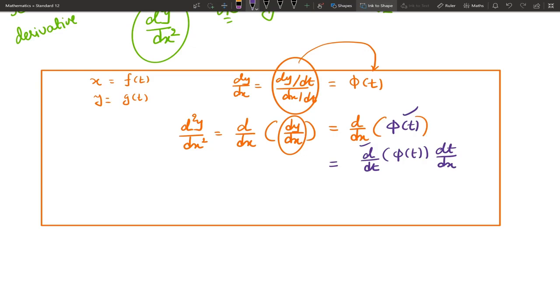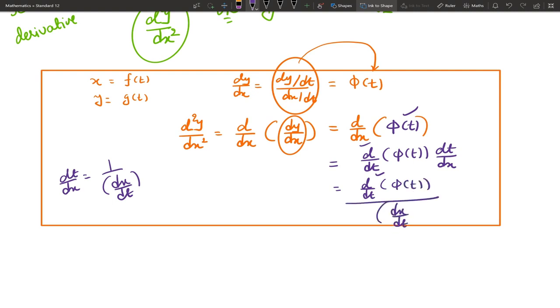So first you differentiate with respect to t, then use the chain rule, dt by dx. Dt by dx can be written as 1 upon dx by dt. So this is d by dt of phi of t upon dx by dt.